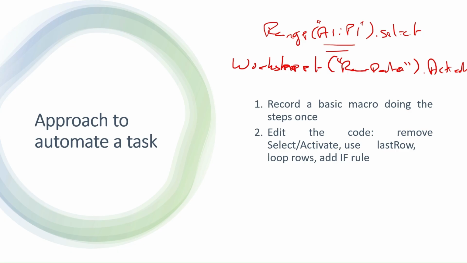All right. So this works only if the correct range is selected. When you are applying A1 to P1, it will work only if that data is within that scope of A1 to P1. But if the data goes beyond A1 to P1, as I mentioned to you, then it becomes a problem.